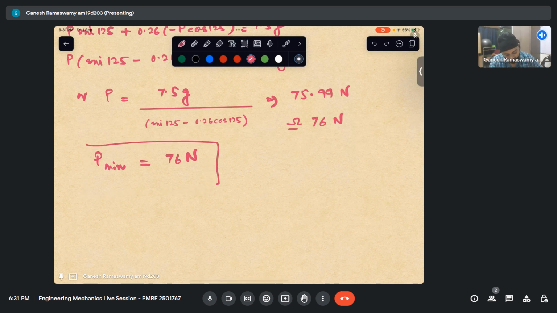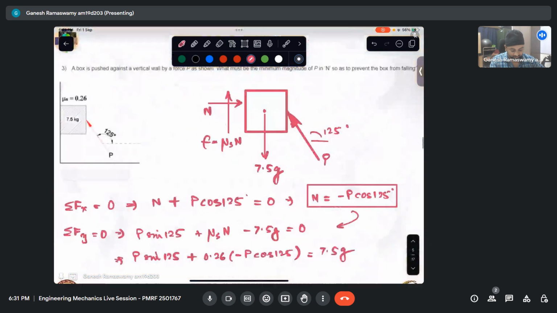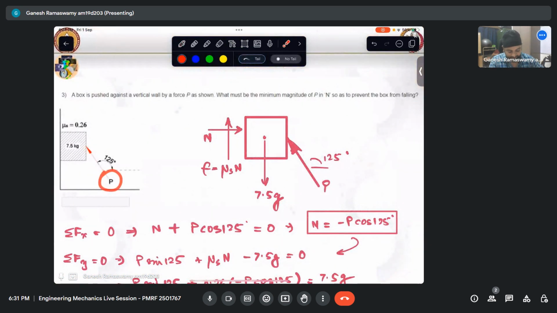Now the question could be asked in another way. Let us say this is the bare minimum P that needs to be applied, which I have applied. Now if I keep on increasing this P, what will eventually happen is its component this way keeps on increasing, and once that counters this 7.5 g, friction will go on reducing to 0, and then friction will start acting in the opposite direction.